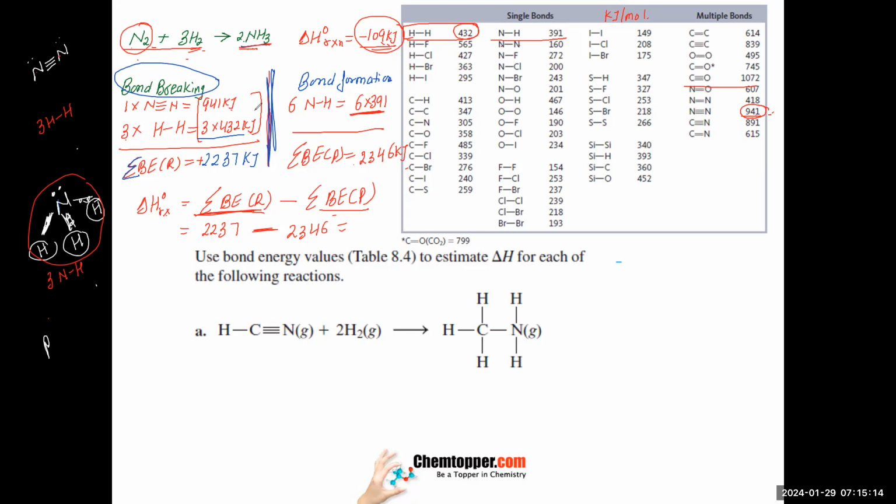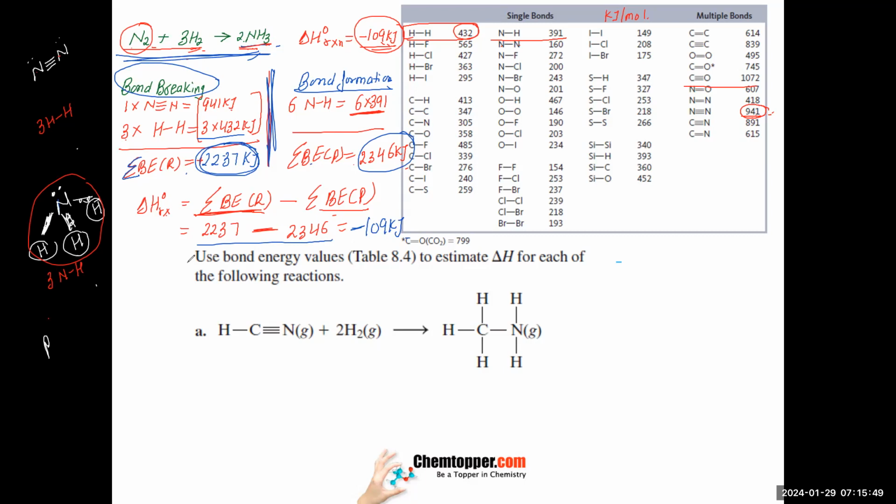Identify the bond, pick up the values, and add all of them. Then bond formation. Go to the product side, check what bonds are formed, and then add all bond enthalpies. This minus this is the answer. Minus means exothermic. So this reaction is exothermic. Formation of ammonia is exothermic.